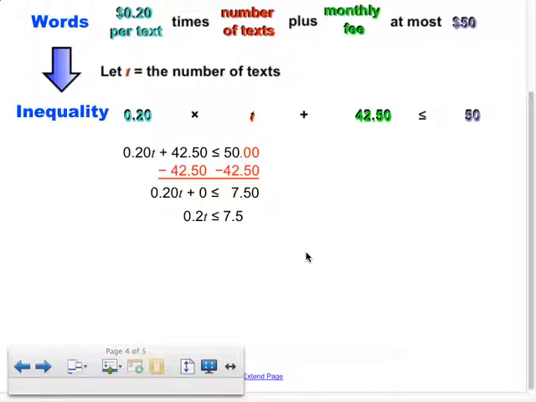Somebody volunteer and tell me how am I going to isolate my variable. Atisha, how am I going to isolate my variable? You're gonna 0.2 to both sides. Okay, and what do we do with that 0.2? Are we going to add it, subtract it, multiply it, divide it? What are we doing? Well, what's happened between T and 2/10 right here? What is that? Oh no, you're dividing. Right, that's multiply, so we got to undo that.